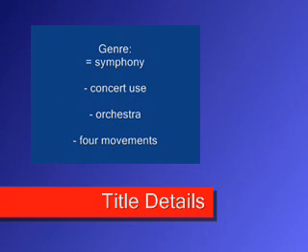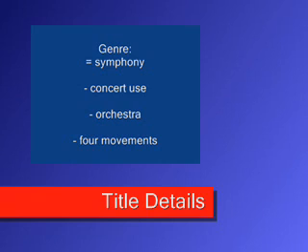This work is a symphony, so we know that it was written for concert use, it's scored for orchestra, and it has 4 movements in it. Again, I must caution you to make sure that you know all of these details: cultural context, scoring, and number of movements for each of the classical instrumental genres that we considered at the beginning of this course.